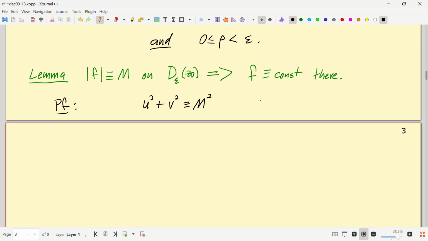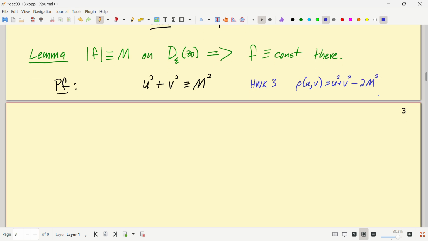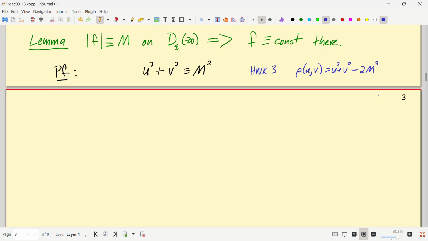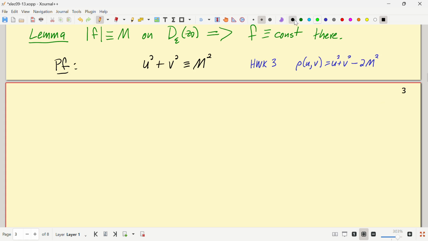And if you think about homework 3, rho of uv is going to be equal to u squared plus v squared minus m squared. It's going to be 0 on that circle. Its gradient's non-zero, and you can see that when you think about it, you could adapt this proof that I'm about to show you to that case.